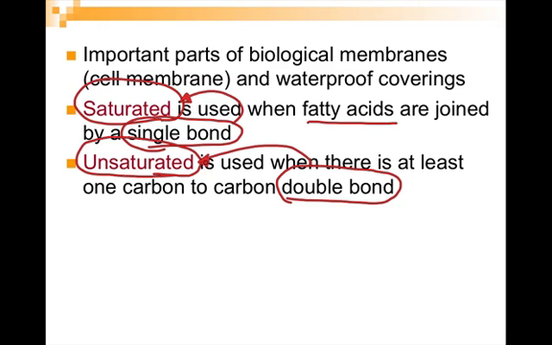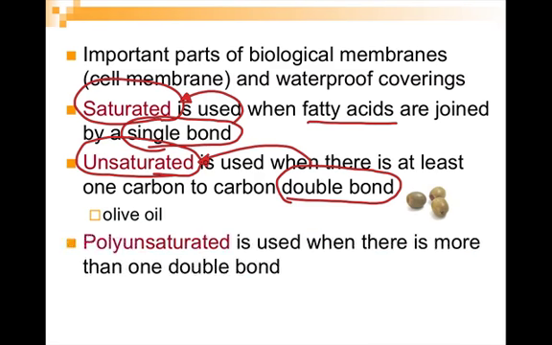Examples of an unsaturated lipid would be olive oil. The third type, which I'm sure you've heard of before, is polyunsaturated, and is when there is more than one double bond. Remember, poly means many.